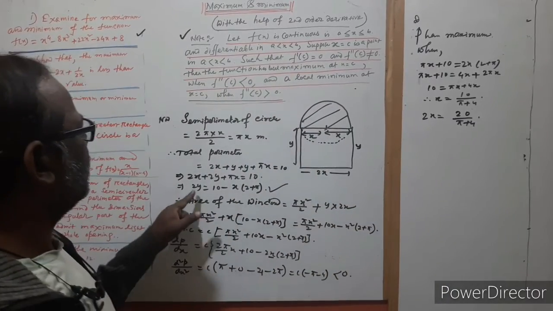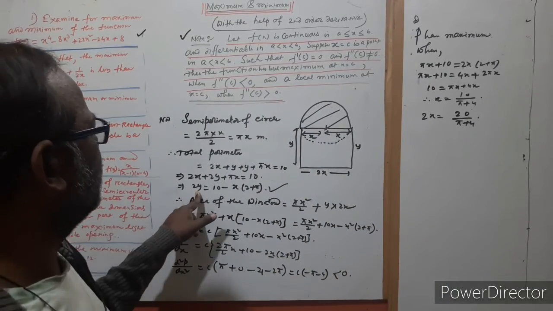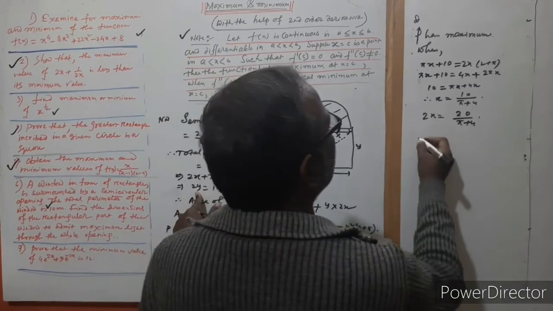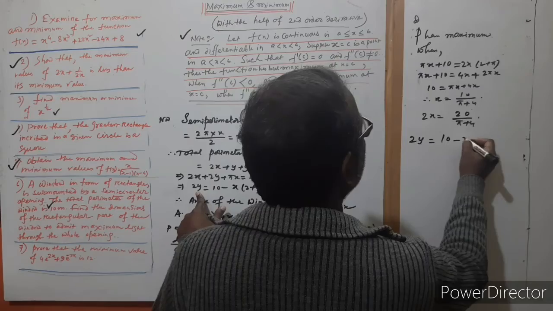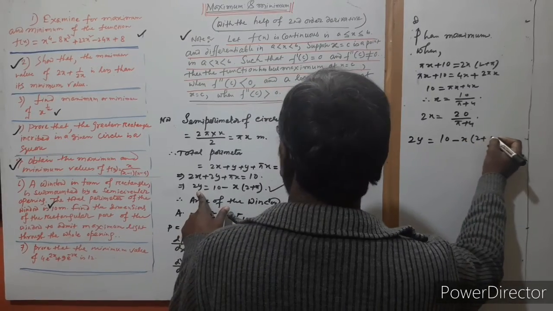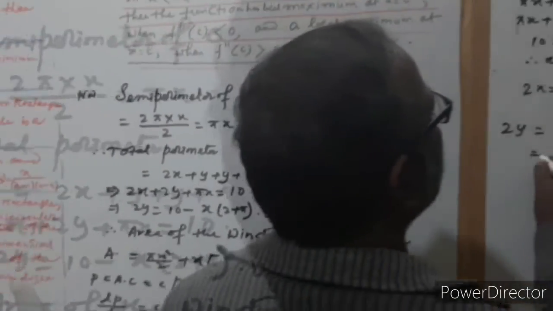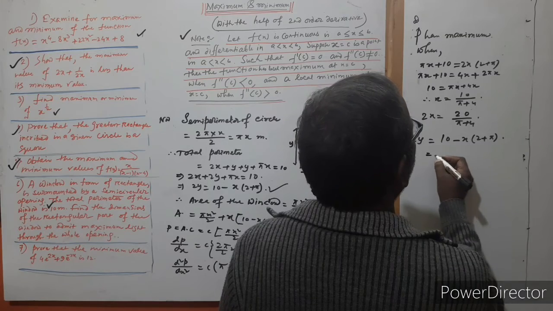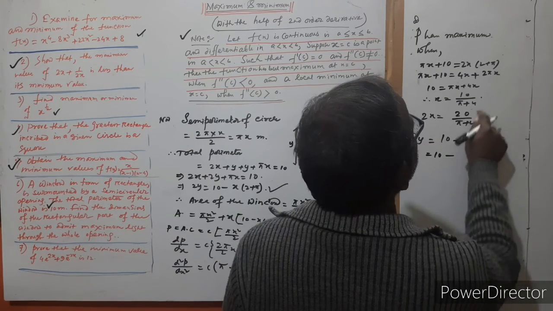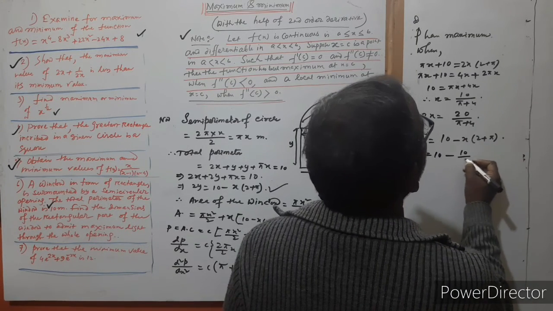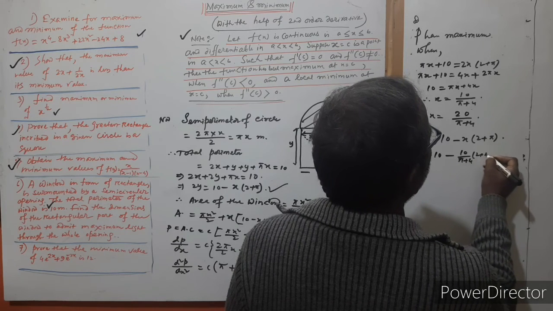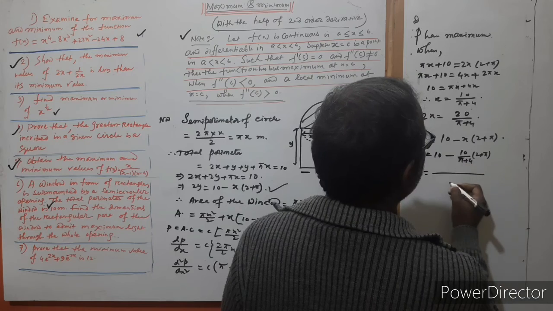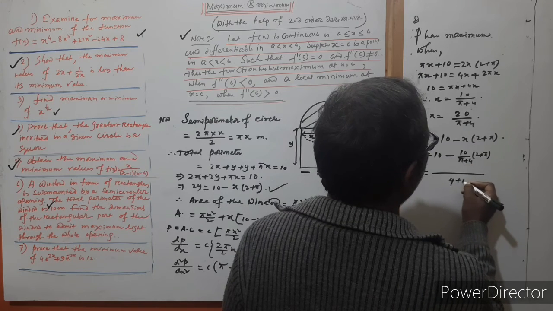And that is twice y equals 10 minus x into 2 plus pi. Here x means 10 by pi plus 4, and 2 plus pi, and take LCM 4 plus pi.